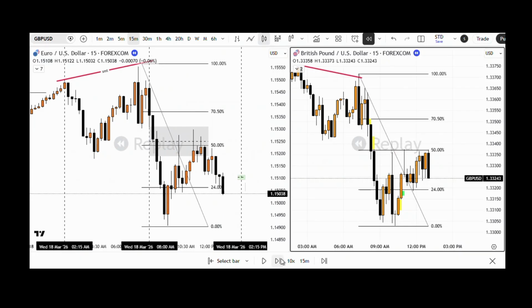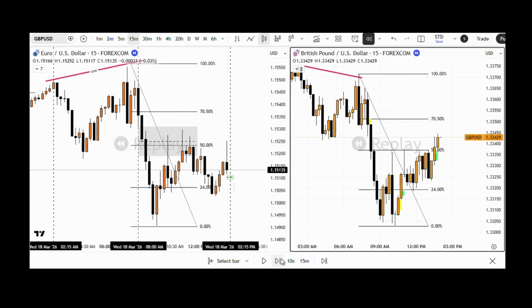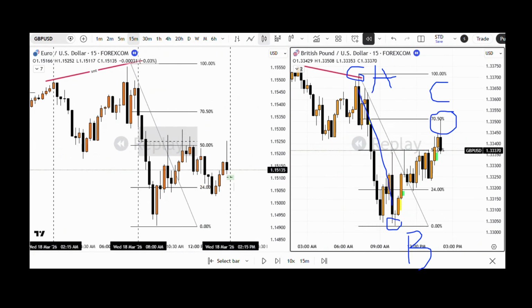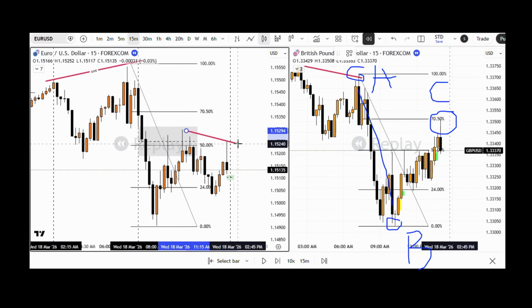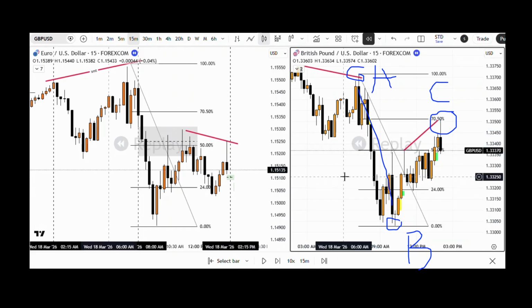Pound is going down. So I expect, there you go. What do you see here now? See another SMT. Okay, now I would be taking this trade on the pound, not the euro, because I'm expecting an SMT to form. I'm waiting for one of them to make the higher SMT.